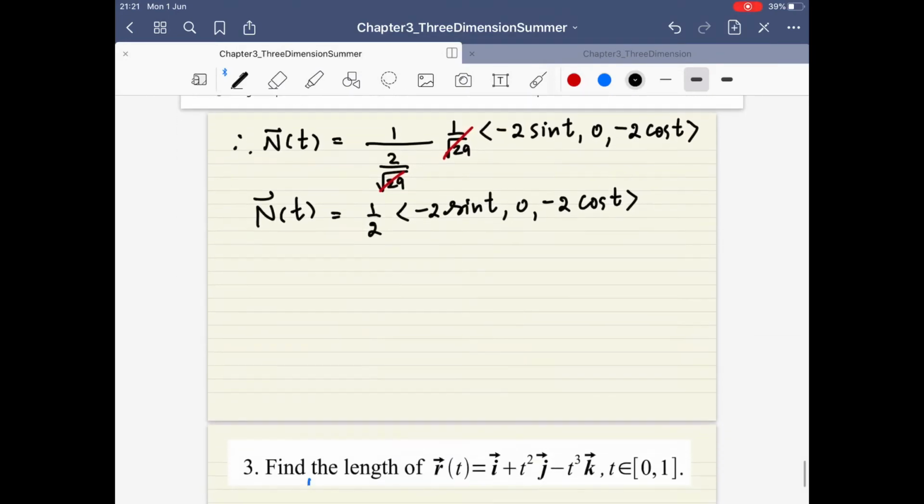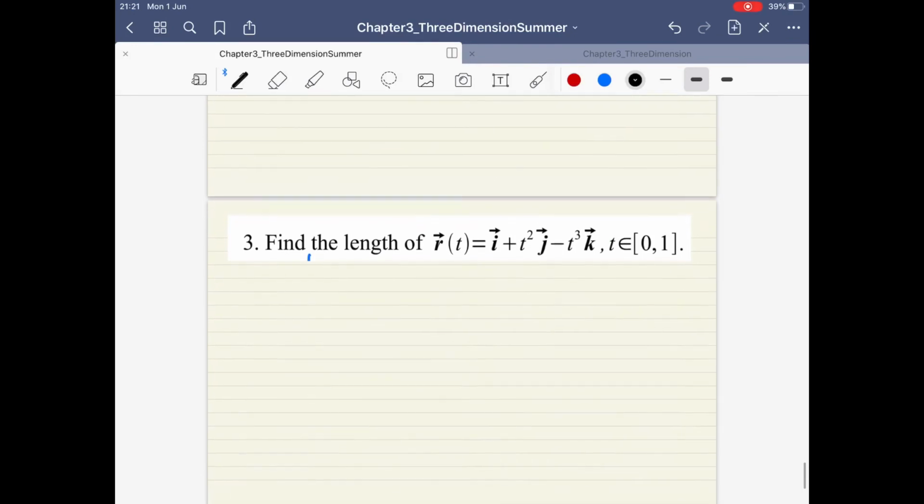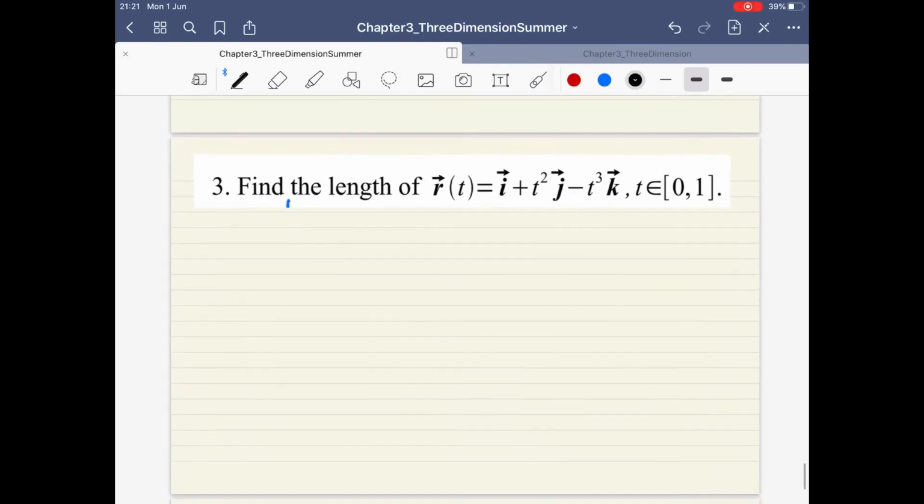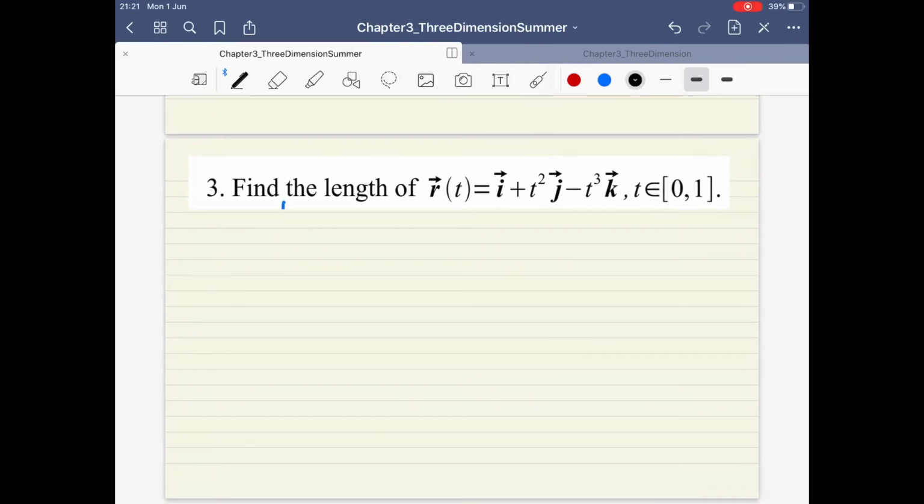Now let us get a spare problem. This one looks like something that wraps up what you have done before. For example, if you need to find the length of this curve from 0 to 1, don't forget the formula for the length of the curve.